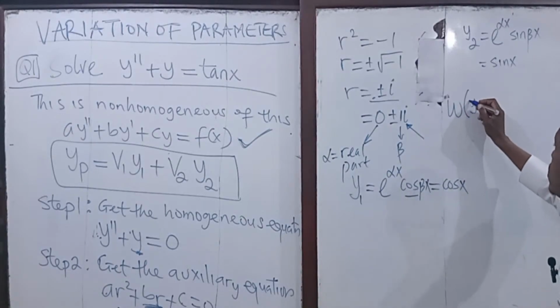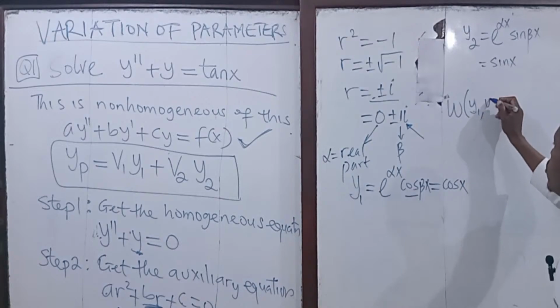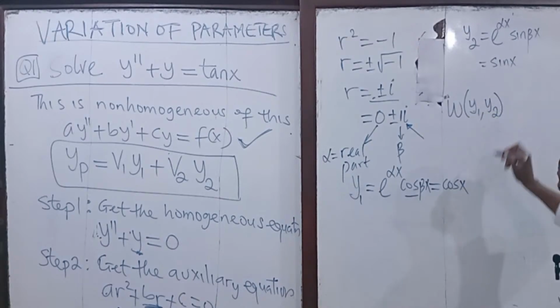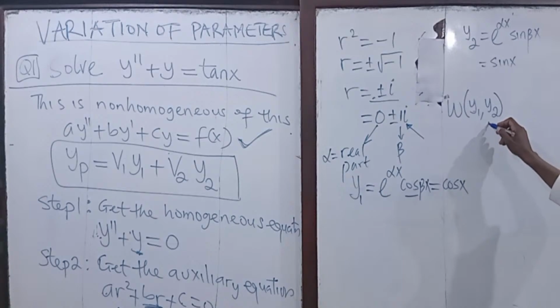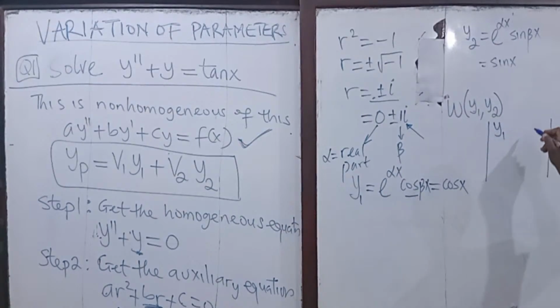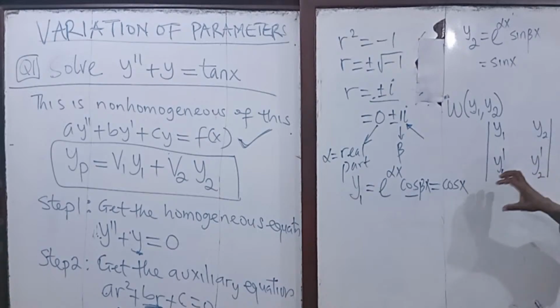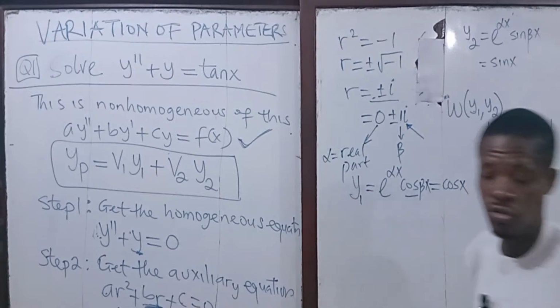The Wronskian of y1, y2 will be equal to the determinant. This is y1, this is y2. This place will be the derivative of y1, and this place the derivative of y2. I'll substitute my y1 and y2 here, and get the differentials of y1 and y2.